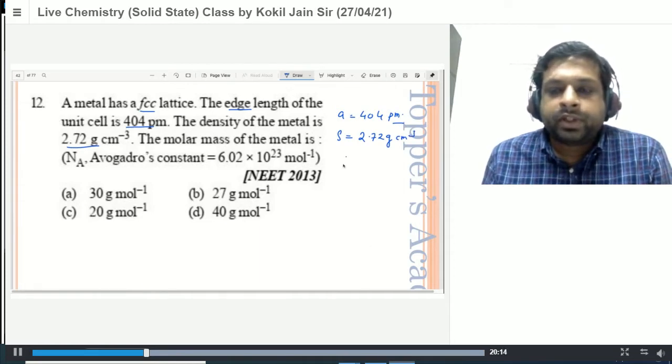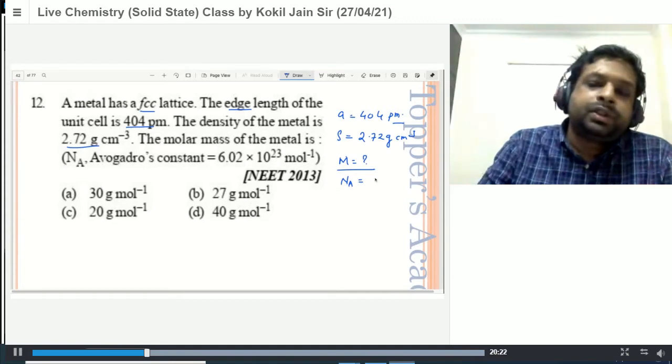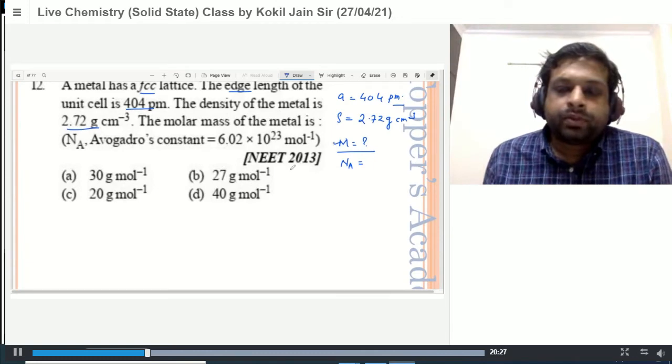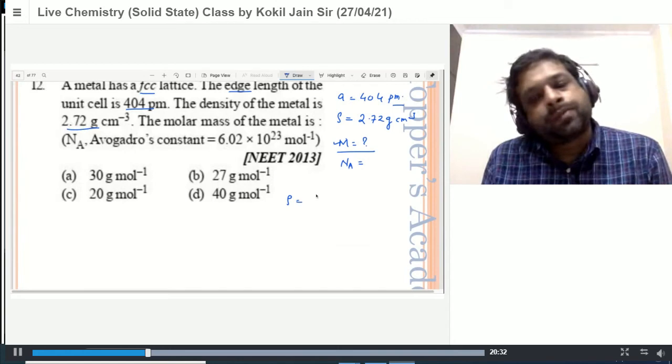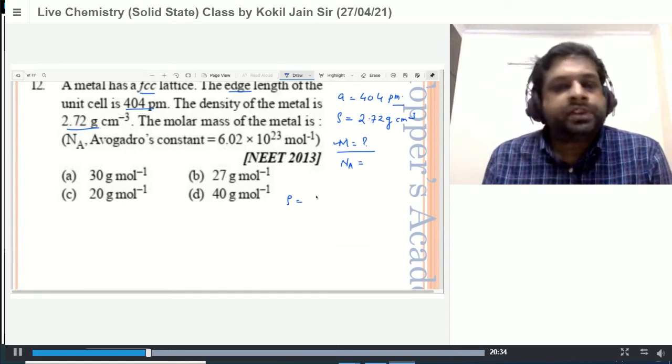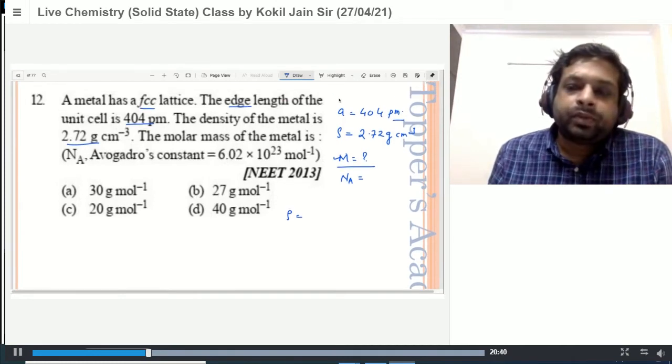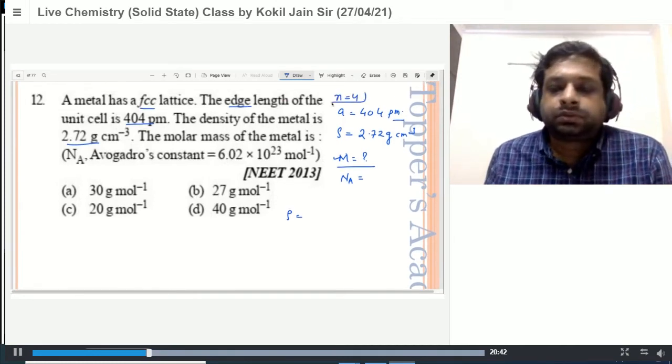So A cube equals N multiplied by M divided by rho multiplied by Na. Let's calculate: 4 multiplied by 60, divided by rho, which has been given as 6.23 grams per centimeter cube, and Na, which is 6.02 times 10 raised to 23. If you take the cube root of this calculation, you can get the value of A here.